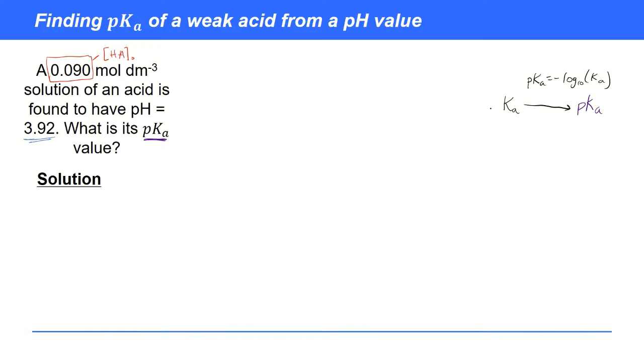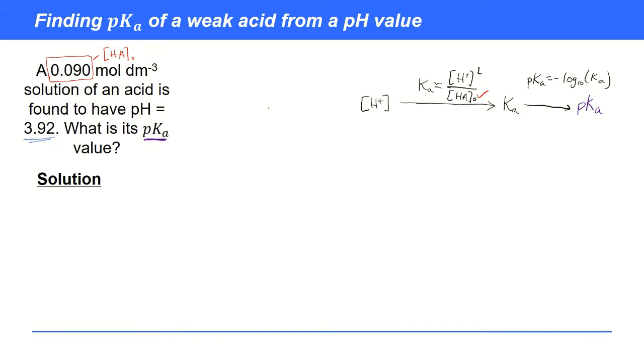Well, we remember that our really important formula for Ka is that Ka for a weak acid is square of the concentration of the H plus over the initial acid concentration. And so as we know the initial acid concentration, if we can just work out the H plus ion concentration, we should be able to use that formula to derive what the Ka is and hence the pKa.